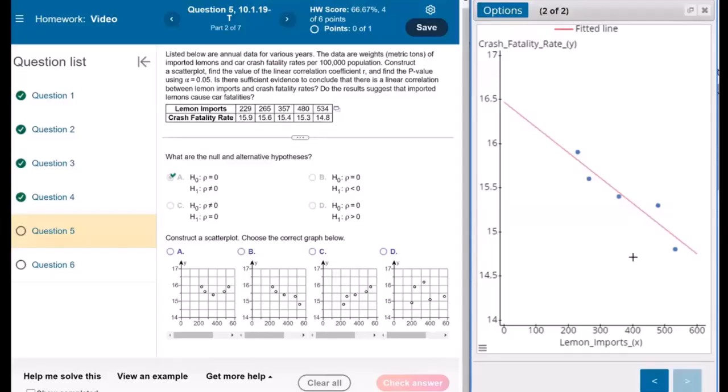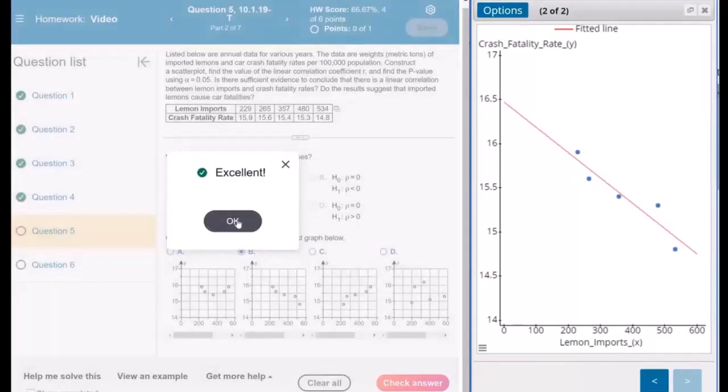And now it should be easier to tell what it looks like. Definitely doesn't look like that. It looks a lot like that. Doesn't look like that or that, so I'm going to pick B.